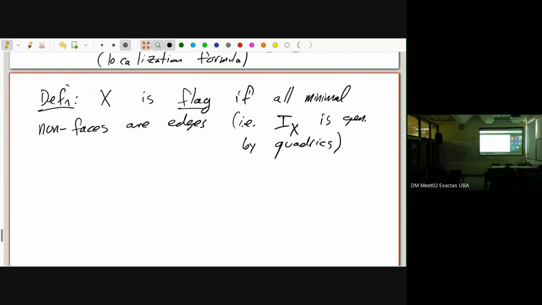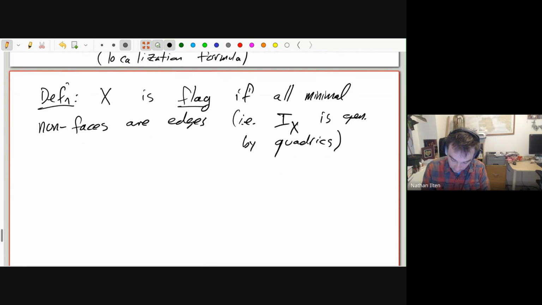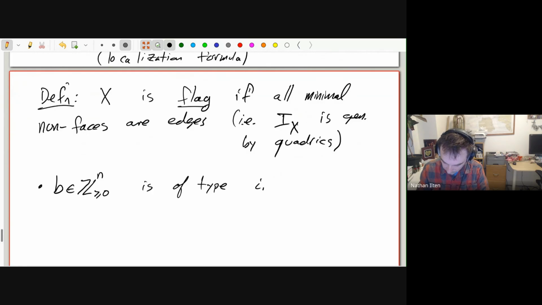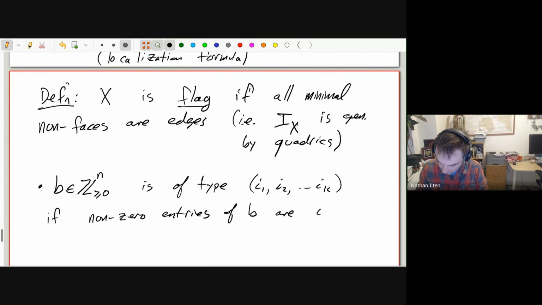Okay, so this is what it means for a complex to be flag. If I have some weight vector b in Z^n, greater than or equal to 0, we say that b is of type I1, I2, up to Ik, if the non-zero entries of b are exactly this I1, I2, etc., up to Ik in descending order.